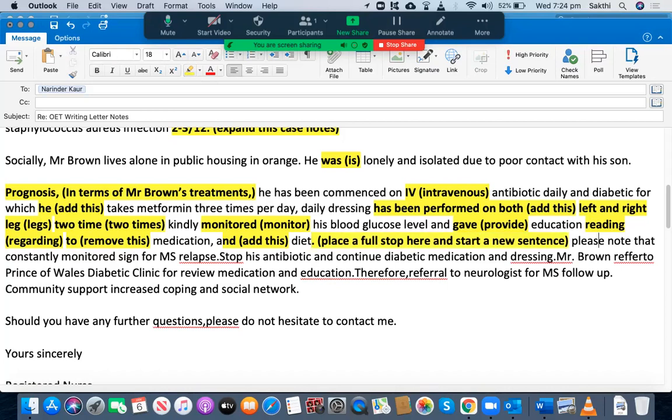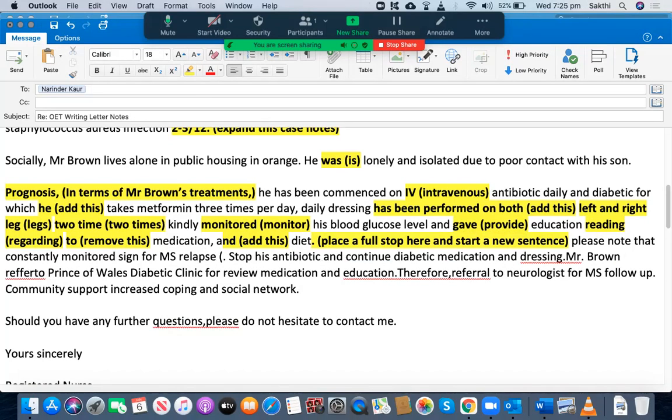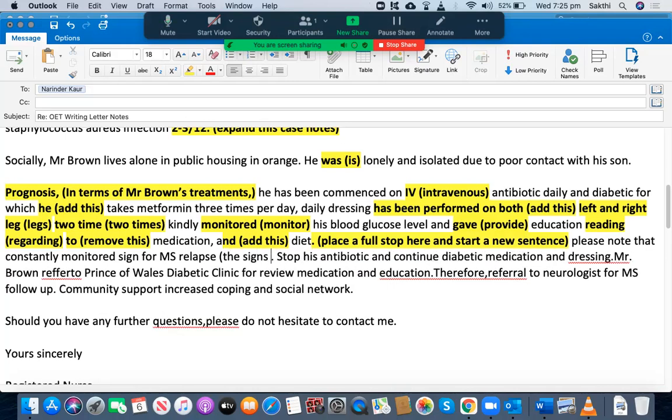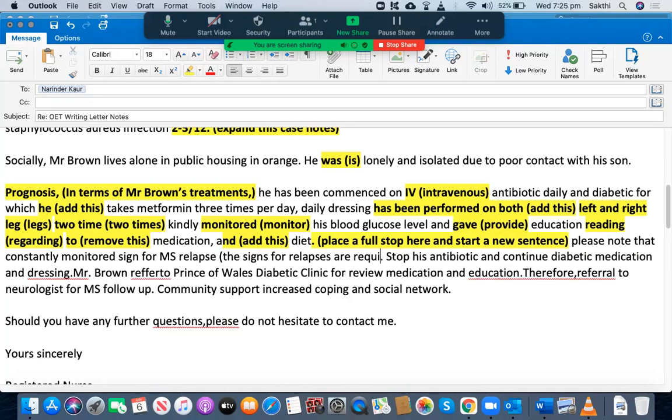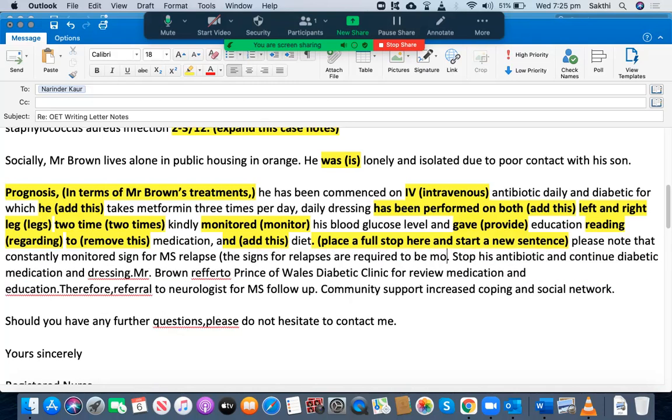Please note that constantly monitor signs. No, this is wrong. You can't use please note that and then constantly monitor. Okay, so what you could have done is that you should have written down like this: the signs for relapses are required to be monitored consistently.